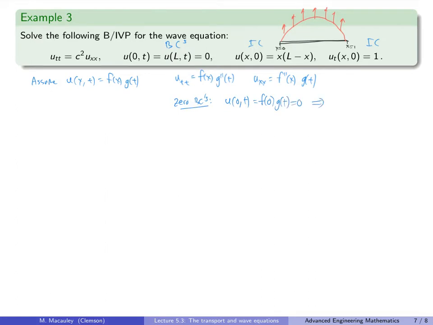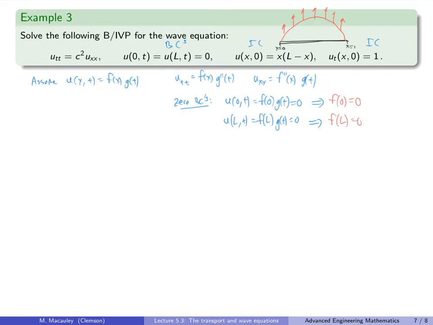And that tells us that f of 0 equals 0. Again, we have a number times a function being 0. That number has to be equal to 0. Next, we have u of L, t is f of L, g of t equals 0. We have a function in time that's non-zero and a number equaling 0. That tells us that the number f of L equals 0.